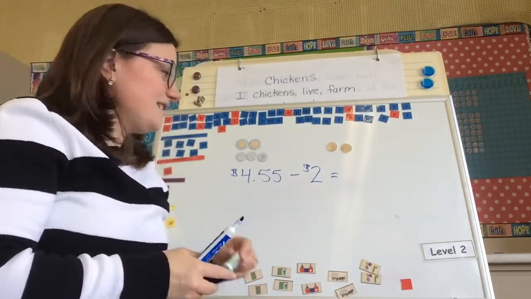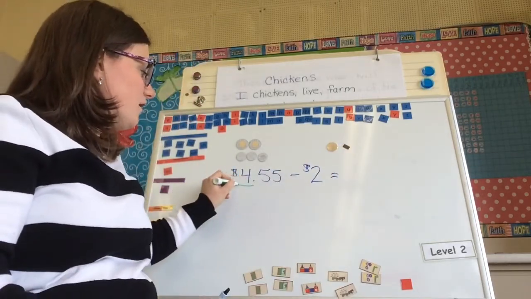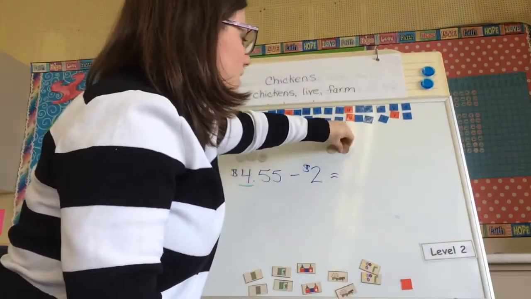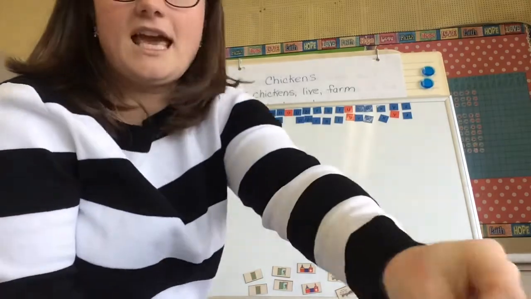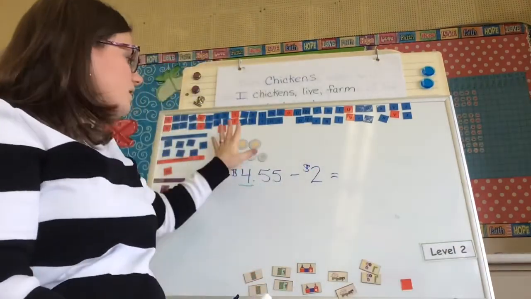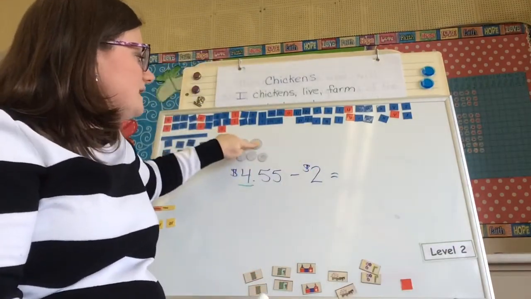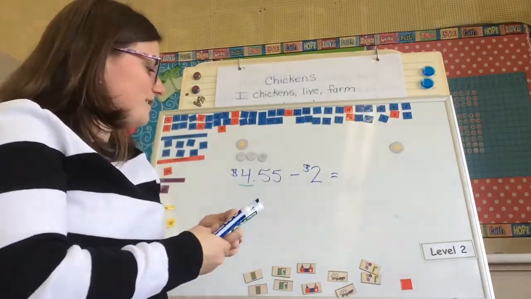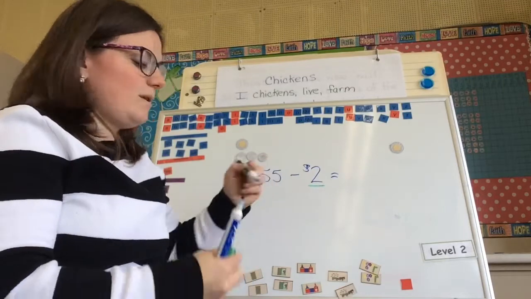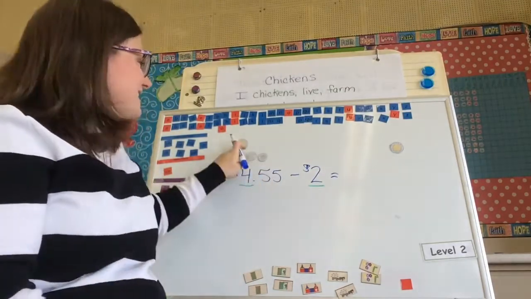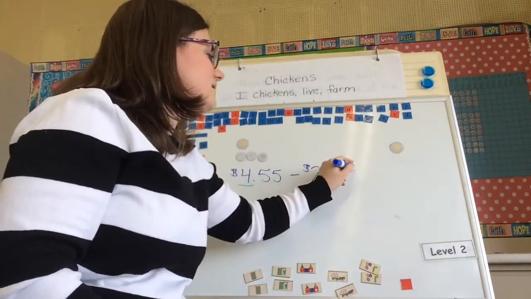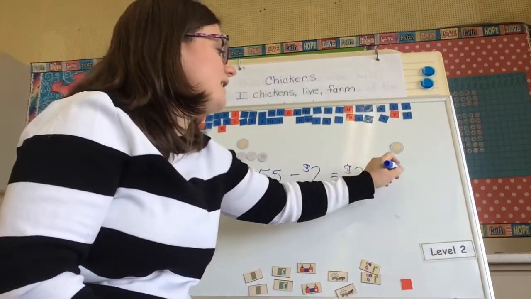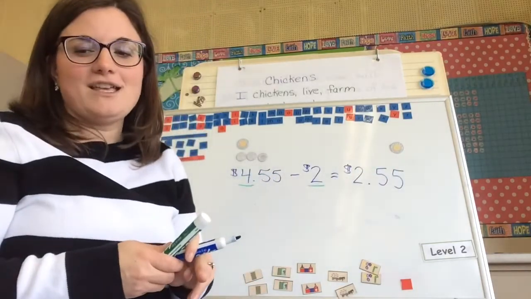So we can look at this and say, well, I start with $4. Okay, so we can talk about how I start with $4, and I'm going to take away 2 of my dollars. So I have 4, I take away 2. How many do I have left? I have $2. And did I take any cents away? Nope. So I'm going to keep my 55 cents.